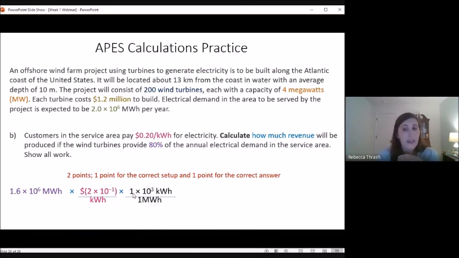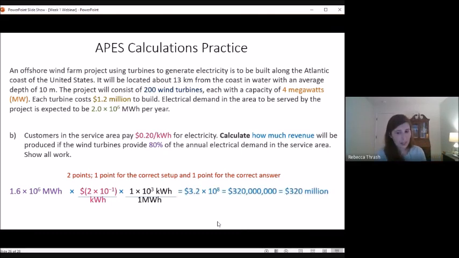I know that there are 1,000 kilowatt hours, or 1 times 10 to the third kilowatt hours, in 1 megawatt hour. Well, now my megawatt hours can cancel, and my kilowatt hours can cancel, and I'm left with the revenue amount, which is where I'm trying to go.